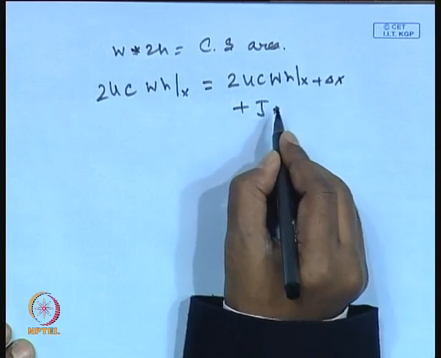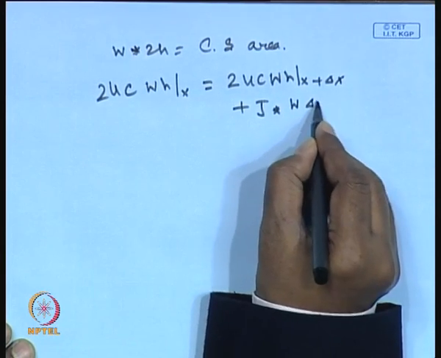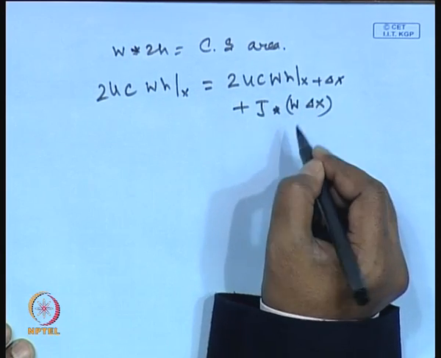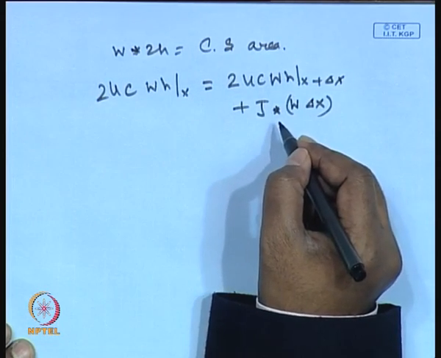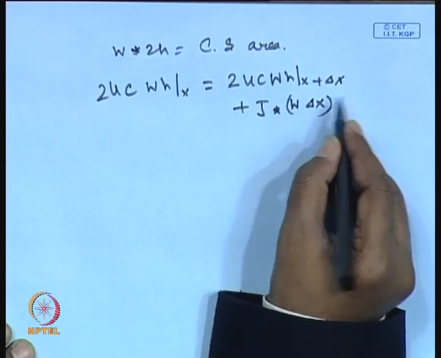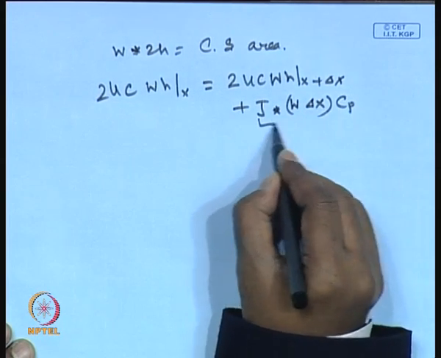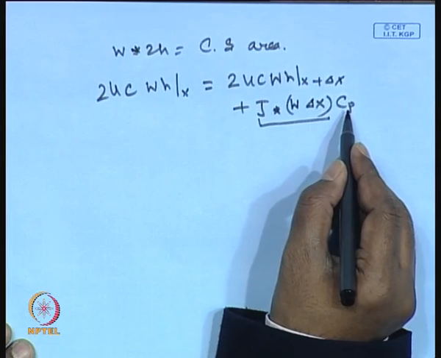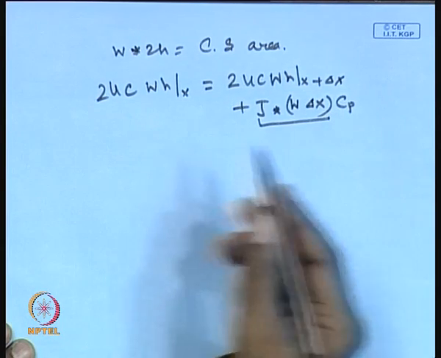What is the surface area? Surface area is nothing but W times delta x, that is the surface area. So, meter cube per meter square second multiplied by meter square. And then multiplied by Cp. This becomes the solvent multiplied by the concentration. So, meter cube, so it becomes kg per second, right.